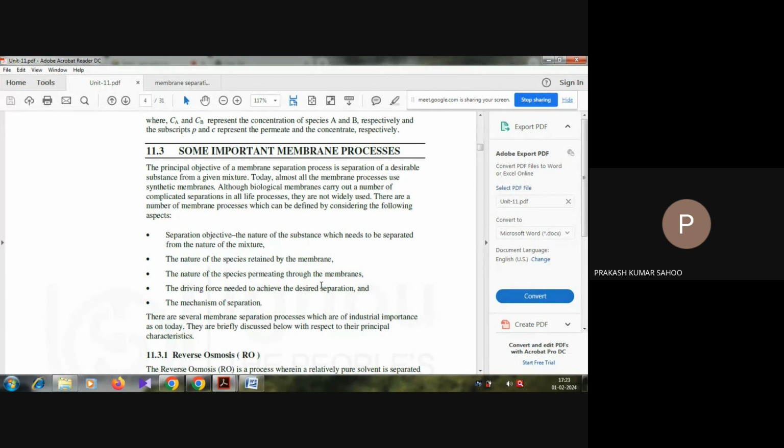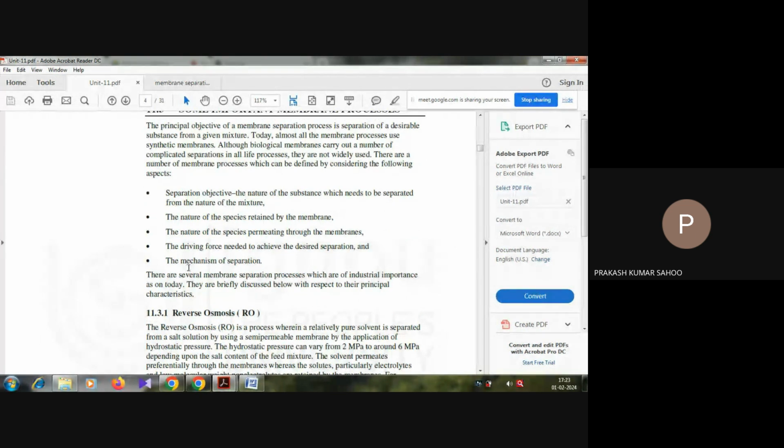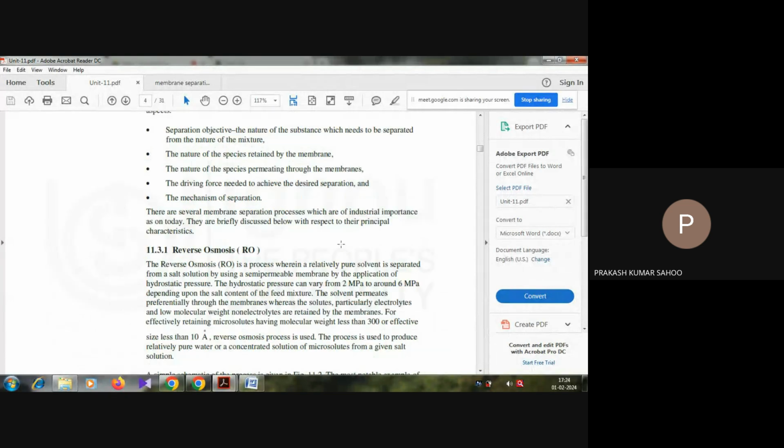And what mechanism is involved in separation. These are some important aspects on the basis of which different membrane separation techniques have evolved.